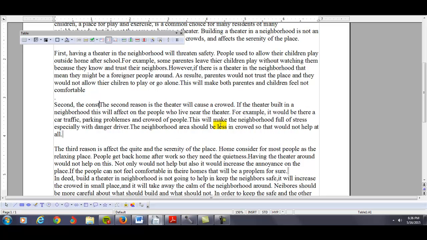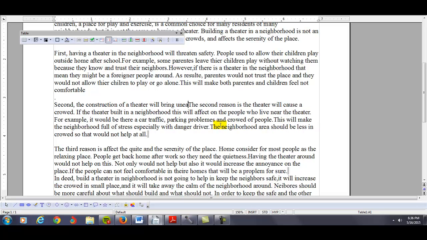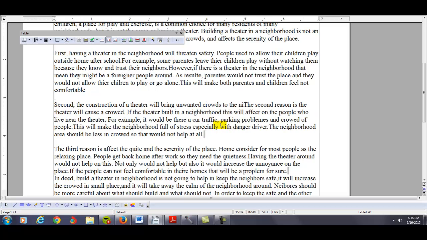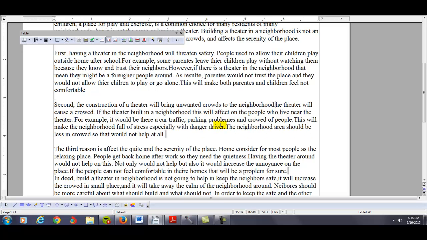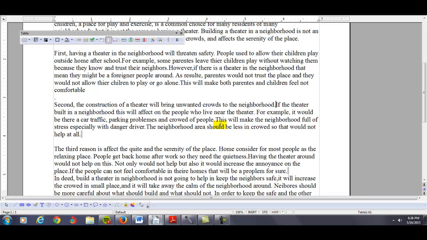Then say, the construction of a theater will bring unwanted. So you have to be careful here. You're assuming by saying the third reason or the second, you want to make sure that each of your topic sentences goes back to the purpose.